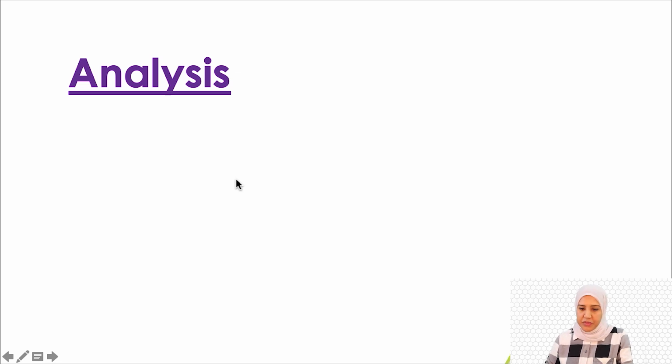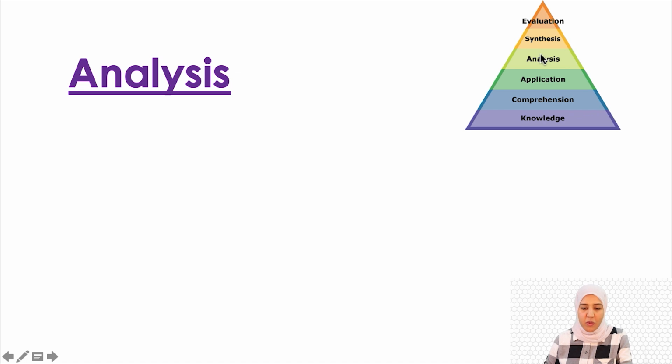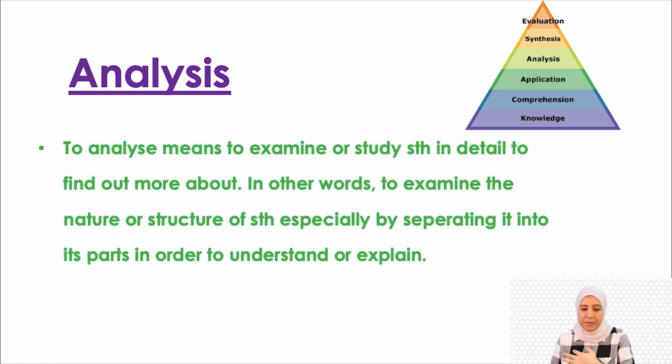Analysis, the beginning of higher order thinking skills. This is number 4, the fourth level of Bloom's taxonomy. To analyze means to examine or study something in detail to find out more about. In other words, to examine the nature or structure of something, especially by separating it into parts in order to understand or explain.